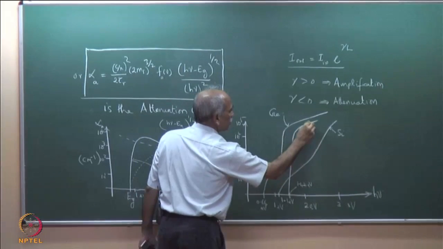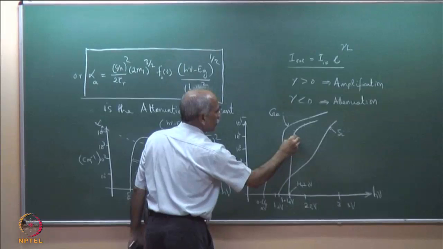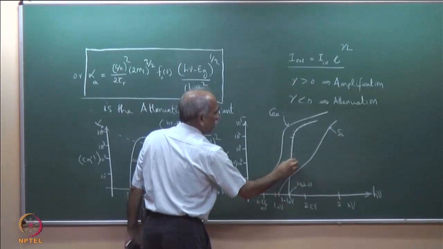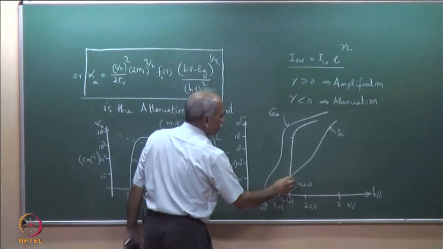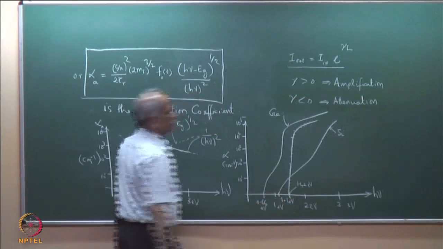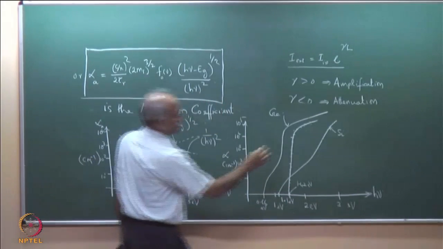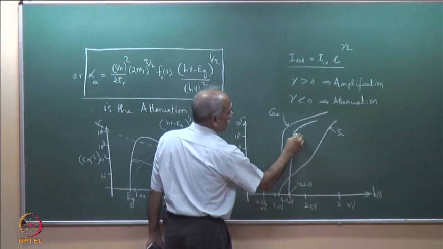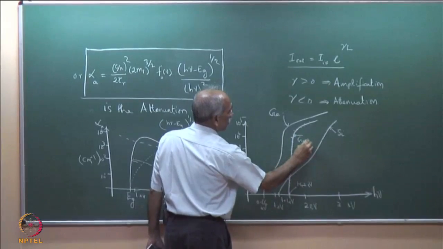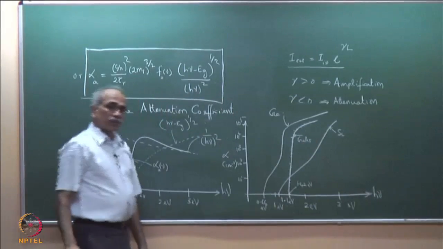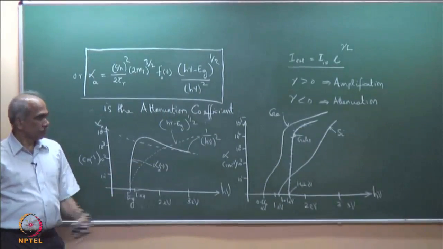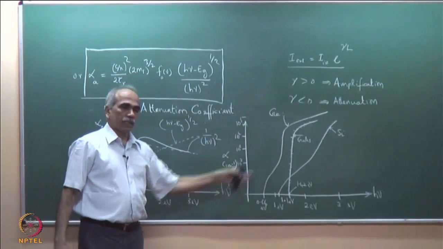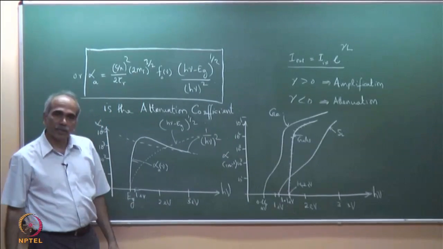You see the difference. I am just plotting it for differentiation. This is what I have plotted for gallium arsenide. If you see in the literature, you will see that the numbers are typical.